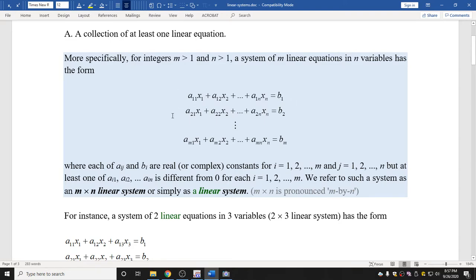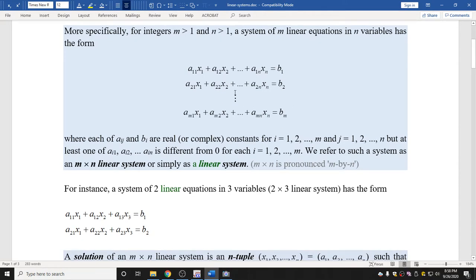That's the first equation. a21x1 plus a22x2 plus and so on plus a2nxn equals b2. That's the second equation. All the way down up until the mth equation.